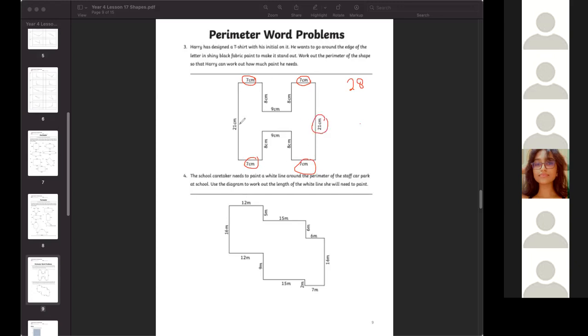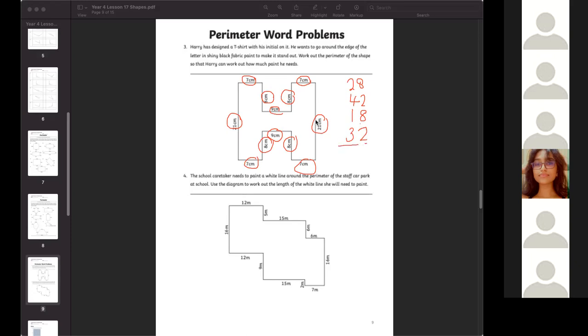Okay, 21 and 21 makes 42. So, I'll write 42. Now I've got all these inner ones. 9 and 9 is 18. I'll write 18. 8 and 8 is 16. Another 8 is 24. Another 8 is 32. Times table 8. So 32.